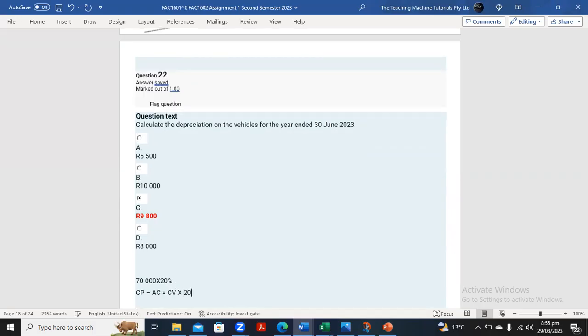Then you multiply by the given rate. Cost price is 70,000. The accumulated depreciation is 21,000. The carrying value is 49,000. 49,000 times 20% is 9,800. Yes, Dudu, that's correct. We split according to the ratio.